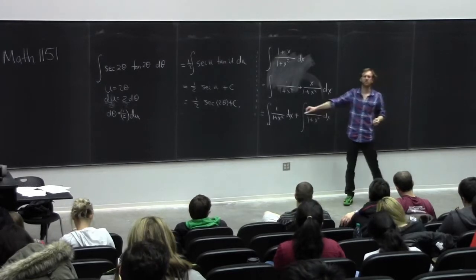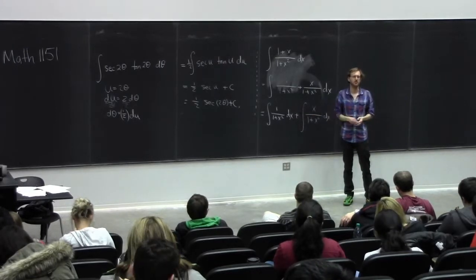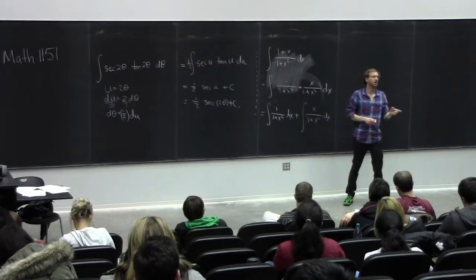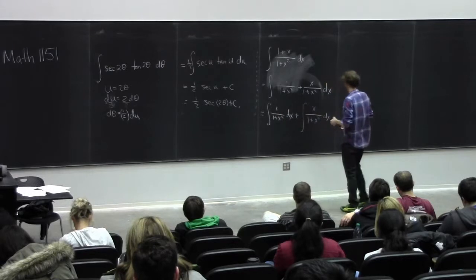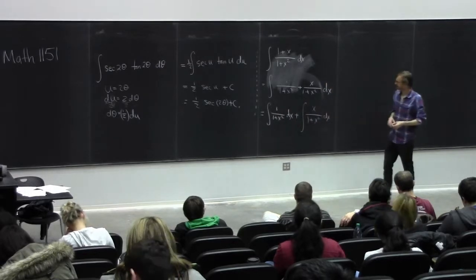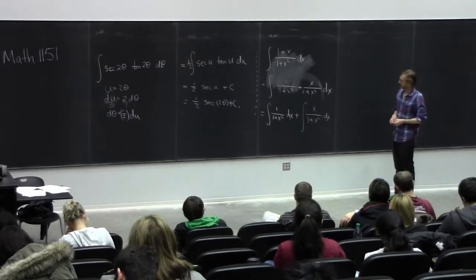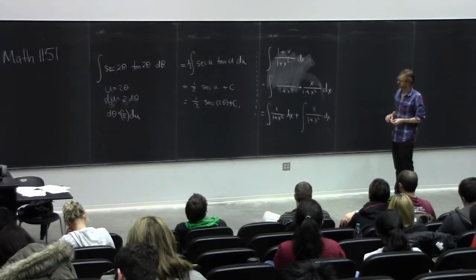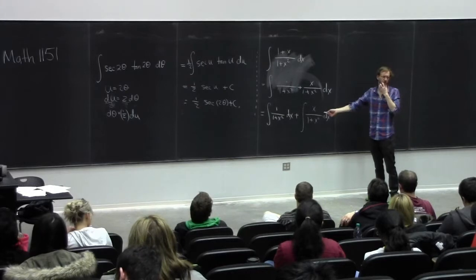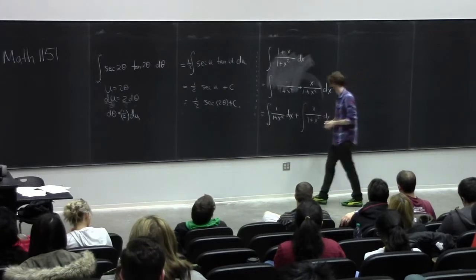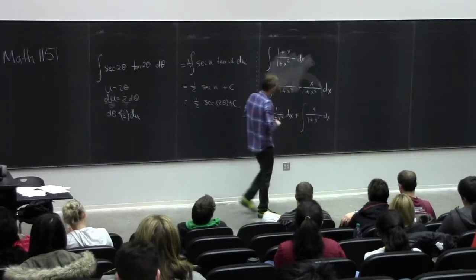What's the antiderivative of 1 over 1 plus x squared? That's arctan. This one you can do as arctan. This one here, does anybody know what this one is? Maybe we should use substitution to do this one here.